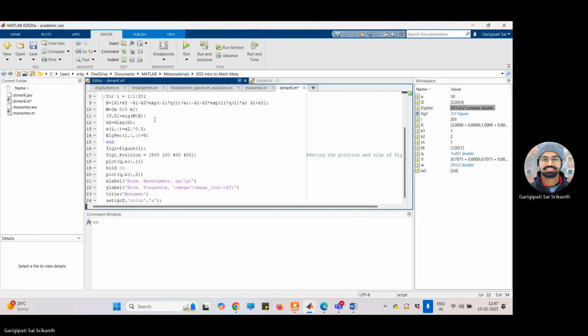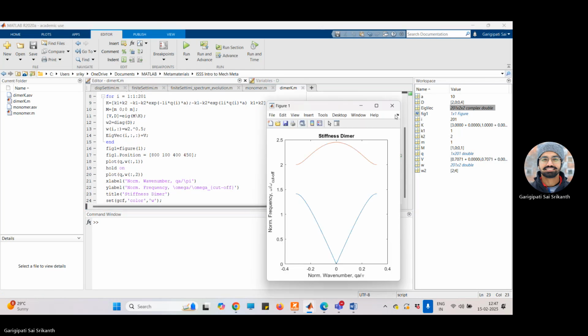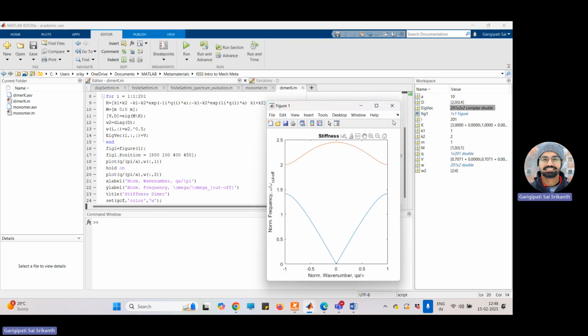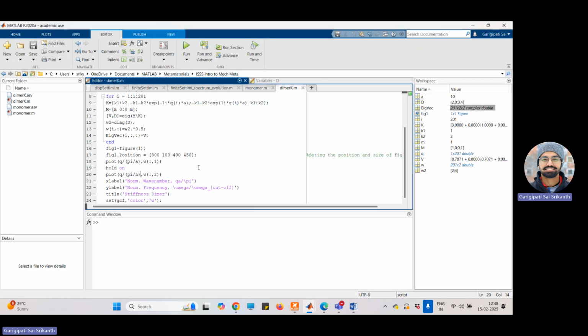We haven't described omega cutoff. So we're normalizing the x-axis. It seems to be from -1 to 1. Awesome.